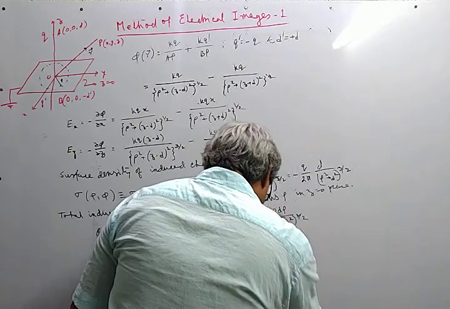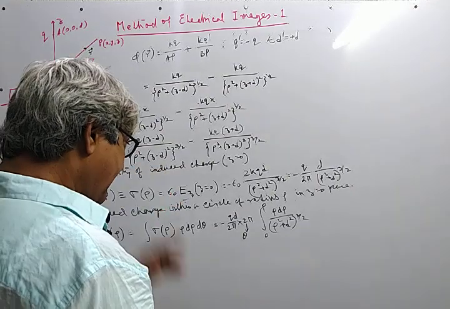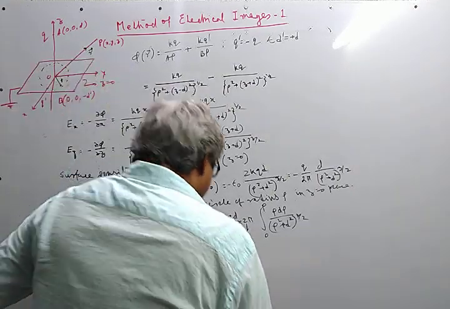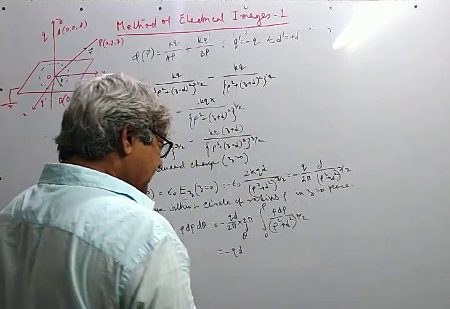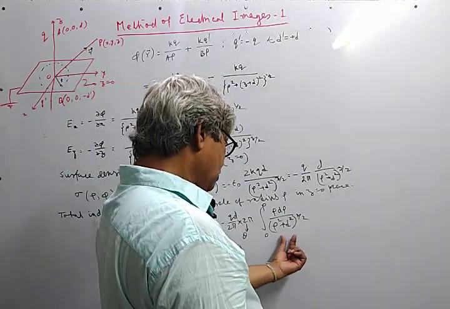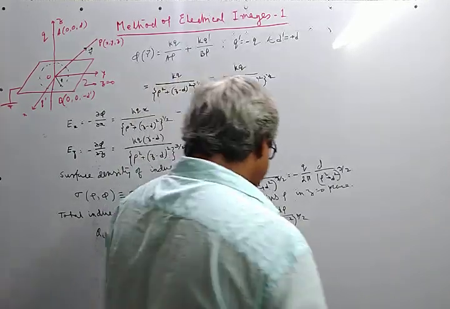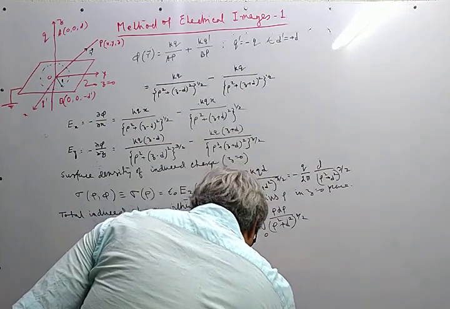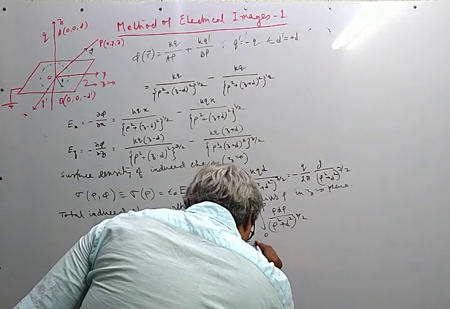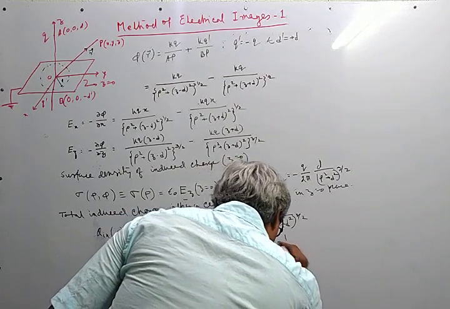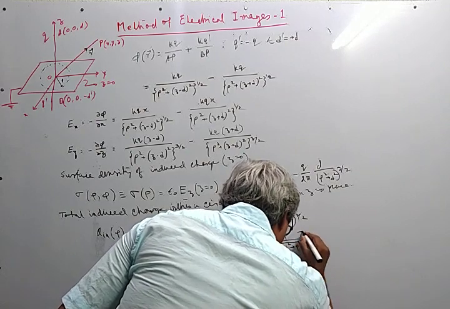We are considering a circle of radius rho. So this is the result. The result is minus q d, and if we substitute rho square plus d square equal to u, the result will be 1 by d minus 1 by square root of d square plus rho square.